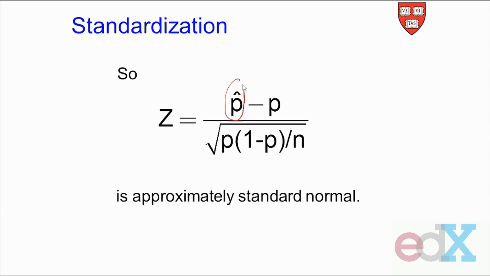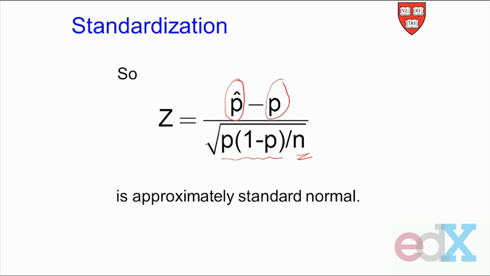This takes the place of our old x bar, this takes the place of mu, this takes the place of our sigma squared, and their division by n, and we're back to where we were before, and this is approximately standard normal. And this is what we had with the continuous variables.